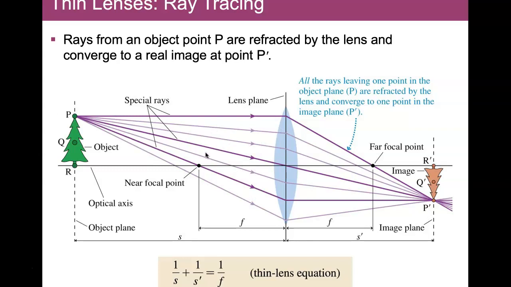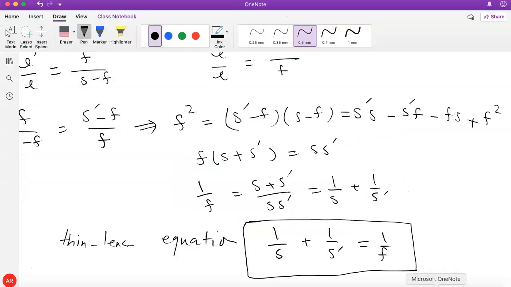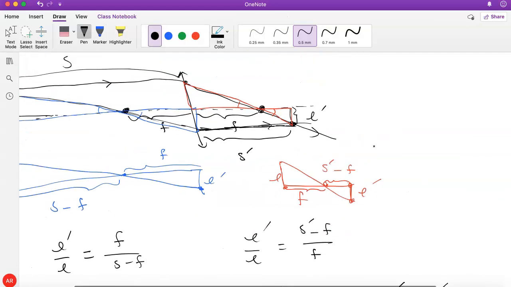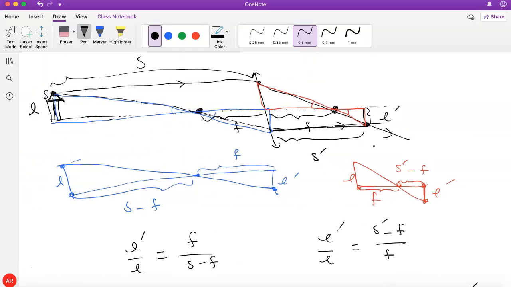So let's check it for one particular ray. We had this rule about the ray going through the center not bending, just going straight. So let's check that. Going back to this figure, let's consider this ray here.